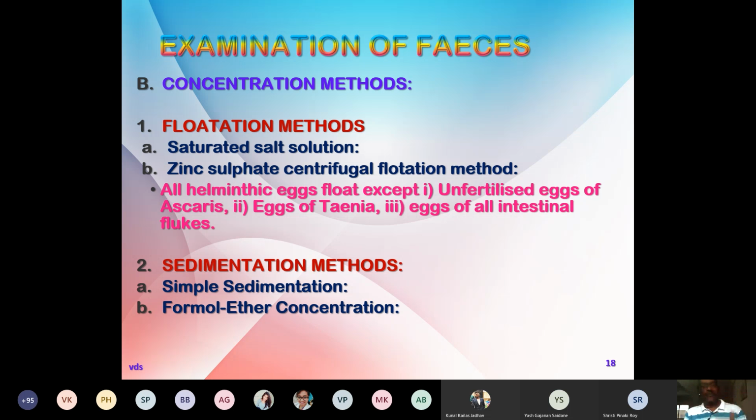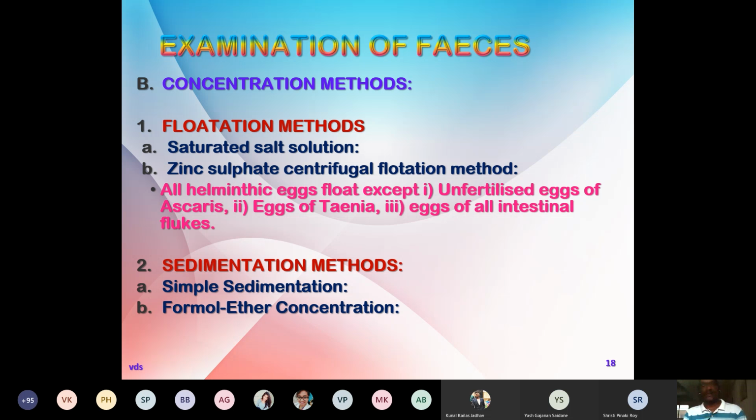For that, the formol ether concentration method was introduced. In this technique, a formol suspension is used to emulsify the feces, and after emulsification, it is strained through gauze containing 40 meshes per inch, so that the coarse particles are removed.